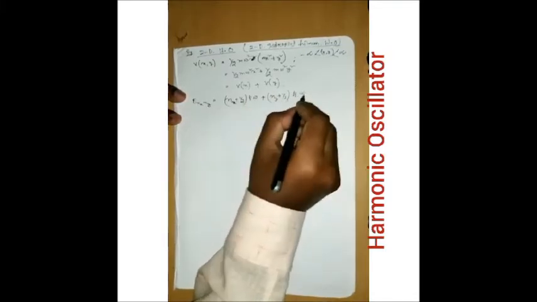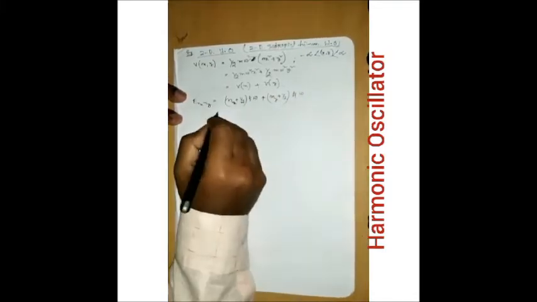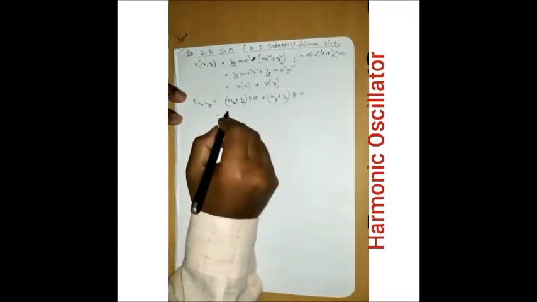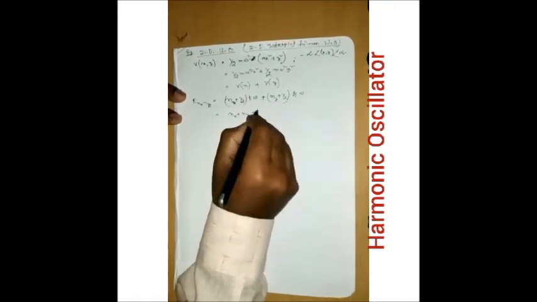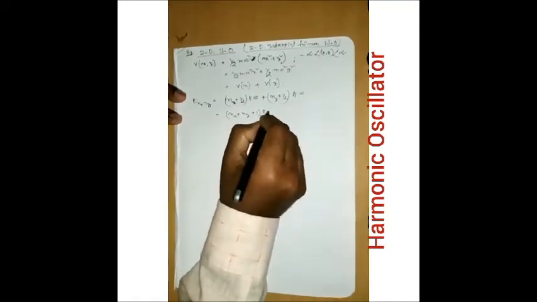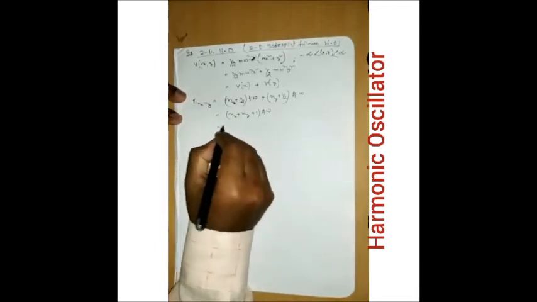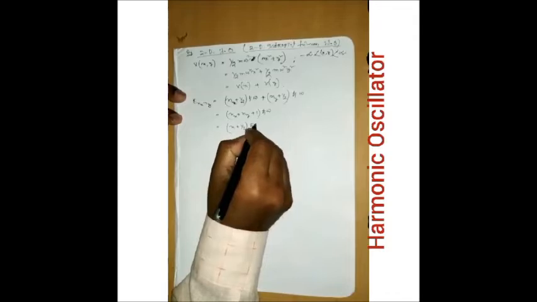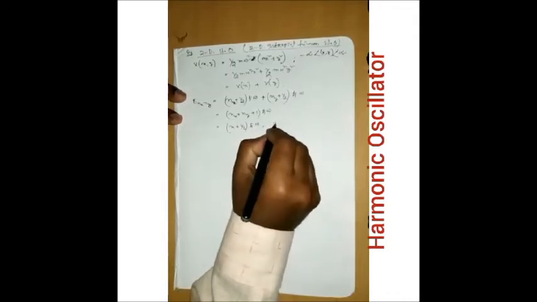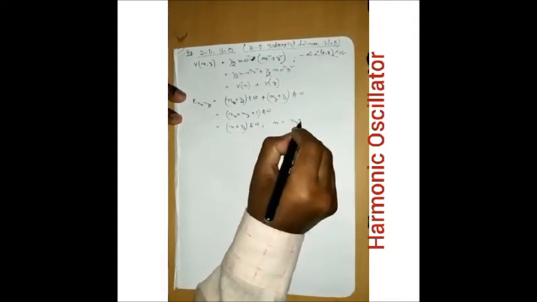In both cases the frequencies are the same. Now if I simplify further, nx plus ny plus half plus half will be 1, that will be your h cut omega. Clear? Or I can write n plus 1 times h cut omega, where n equals nx plus ny.